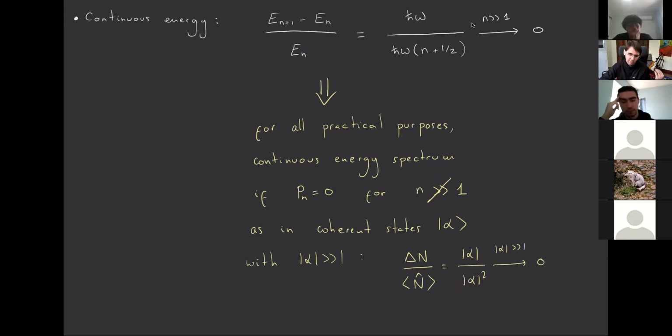Never close to 0. So you see that coherent states allow you to recover continuous energy for all practical purposes, and they allow you to recover well-defined trajectories for all practical purposes in experiments, provided that they have a large amplitude. And these are essentially the link between classical and quantum physics.